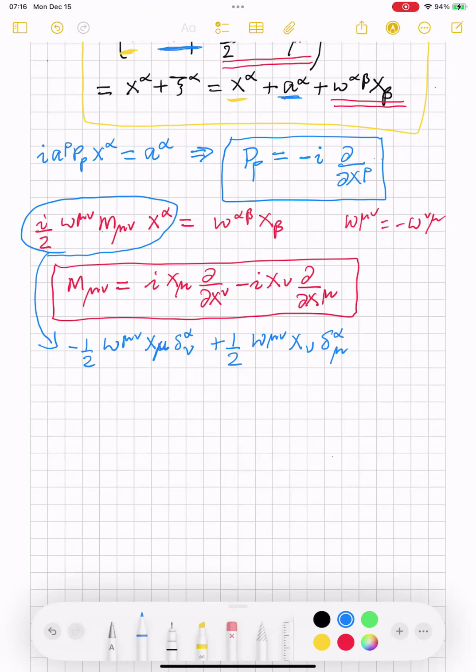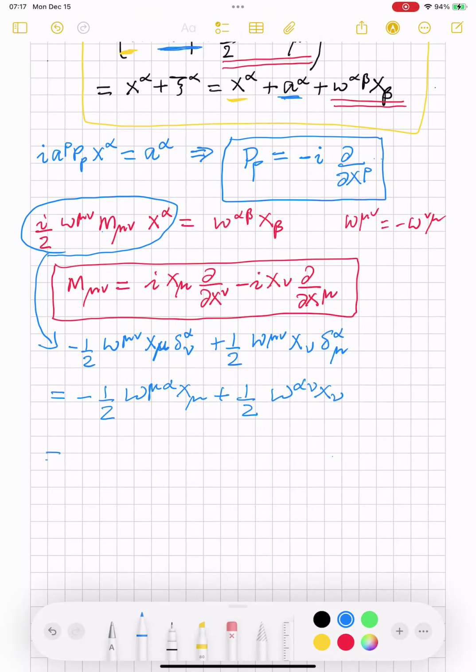And what is this equal to? Well, we've got minus a half omega mu alpha x mu plus a half omega alpha nu x nu.